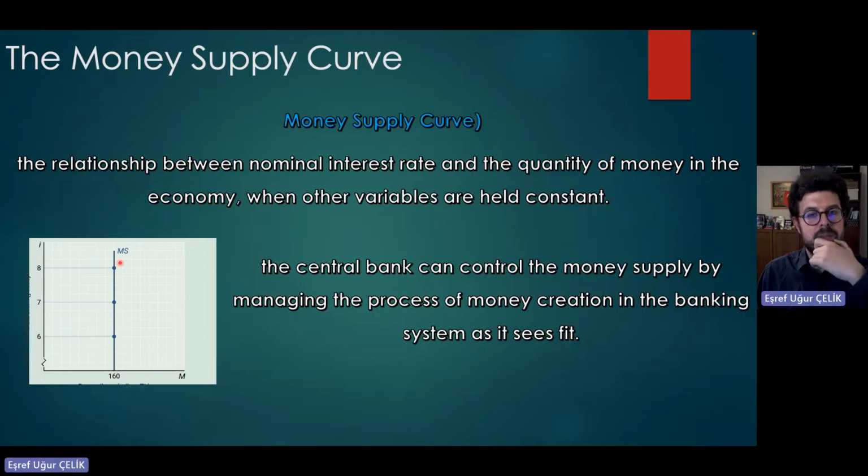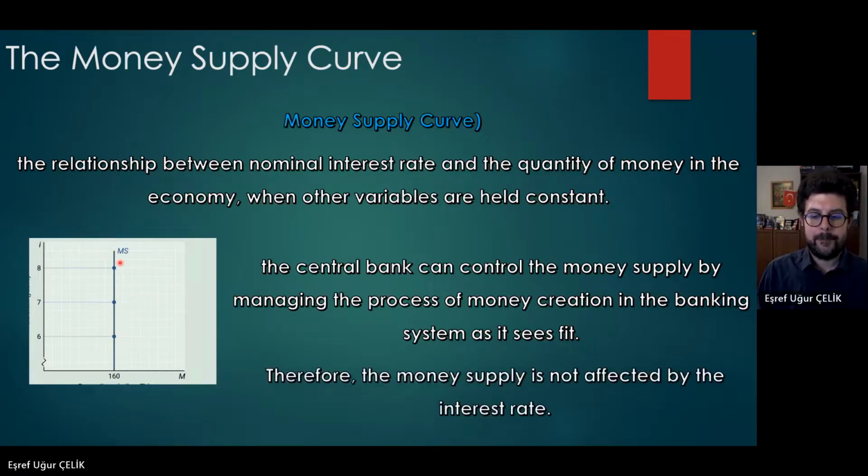In other slides, we try to understand how the central bank controls the money supply mechanism and how they try to control the interest rate in the market. As I already said, the money supply is not affected by the interest rate.